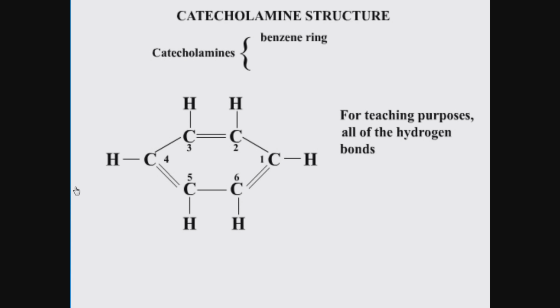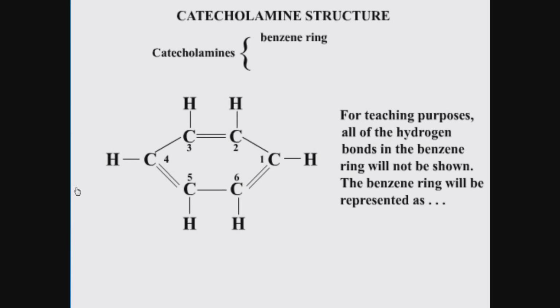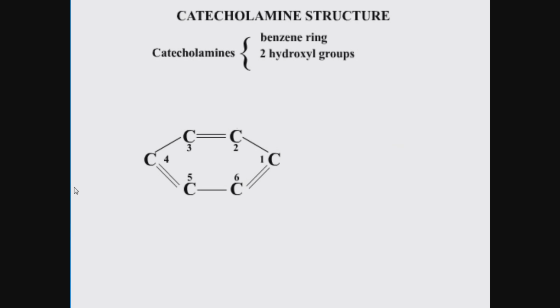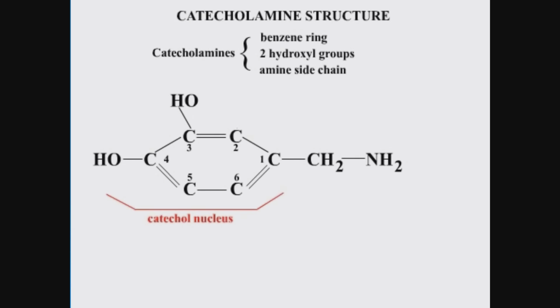So catecholamine is made up of a benzene ring that has carbons and hydrogens. For our purposes, we're going to just have the hydrogens missing. And you can see the catechol nucleus on the left and the amine side chain on the right. Amine meaning that it has a nitrogen, NH2 on it.